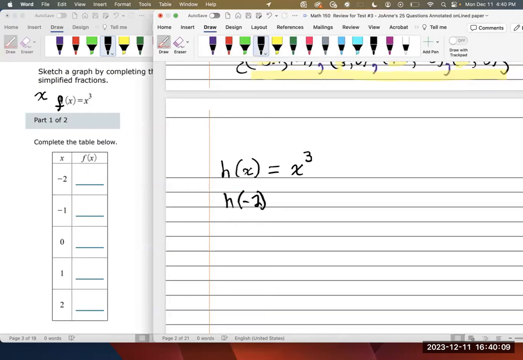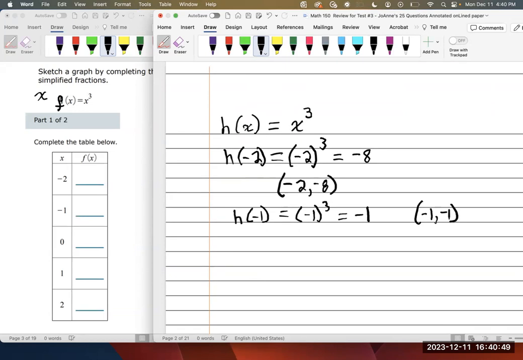Well, h takes its mystery and then cubes it, so h of -2 is -2 cubed, which is -2 times -2 times -2, so that means the point -2, -8 is a solution. h of -1 is the same thing as -1 cubed, -1 times -1 times -1. So this tells us that the point -1, -1 is on our graph.